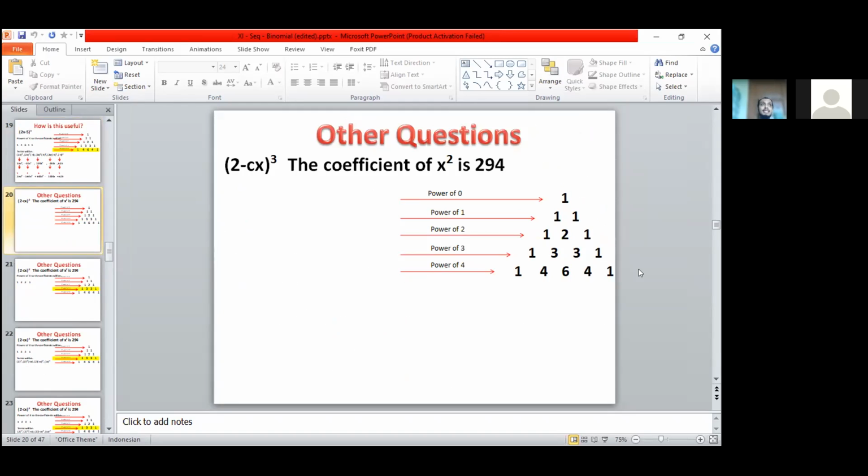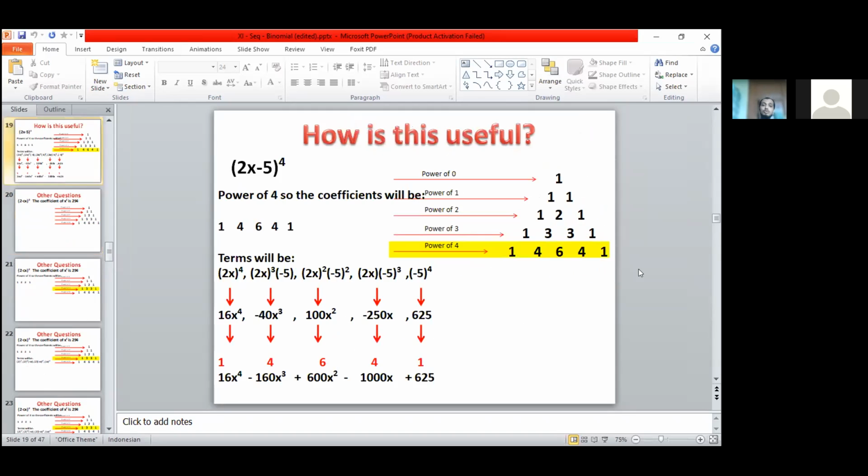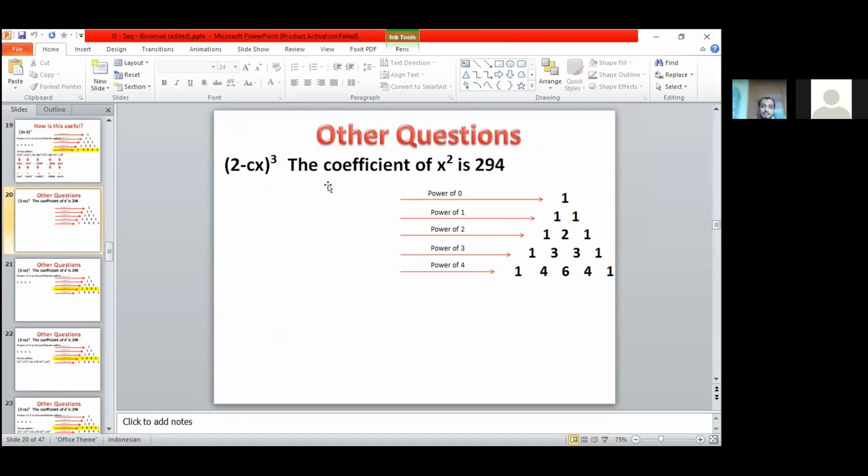Sometimes instead of asking you to expand a binomial power, it just asks you to find one term, or the coefficient of one term. For example, in this case, what is asked is not the coefficient.